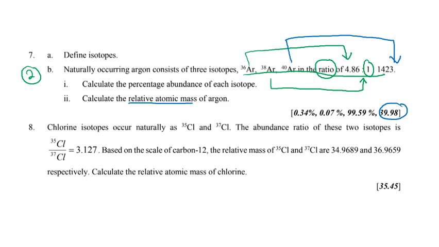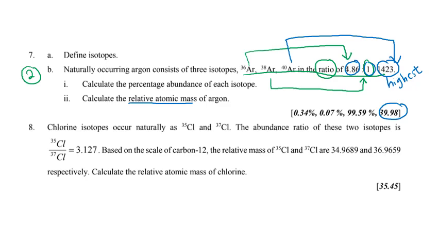This is another way we can briefly check whether our final answer is correct or not. When you look at here, there are three abundances, 4.86, 1 and 1423, so this one is the highest abundance.